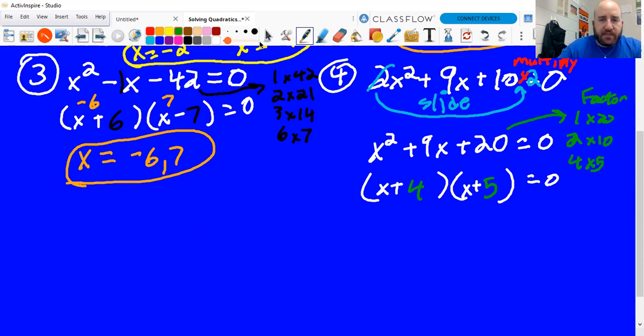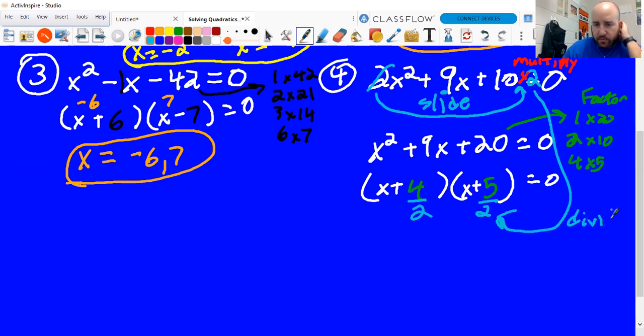All right, so now what I got to do is, let me move my head again for a second. Start down here, this is kind of an empty space. This 2 that I slid previously is going to come down here to divide both of my constants by 2.